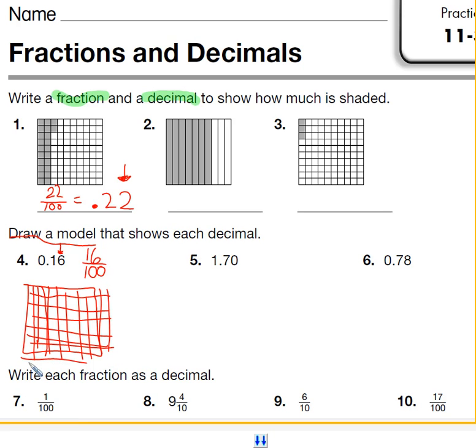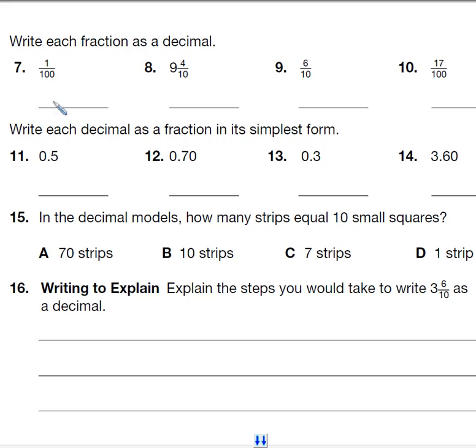Yeah, make yours look a little bit nicer. But then you'll color in one whole row of 10. And 1, 2, 3, 4, 5, 6 ones. So it's 16/100ths. So for 7, 8, 9, and 10 now, we're going to write each fraction as a decimal.